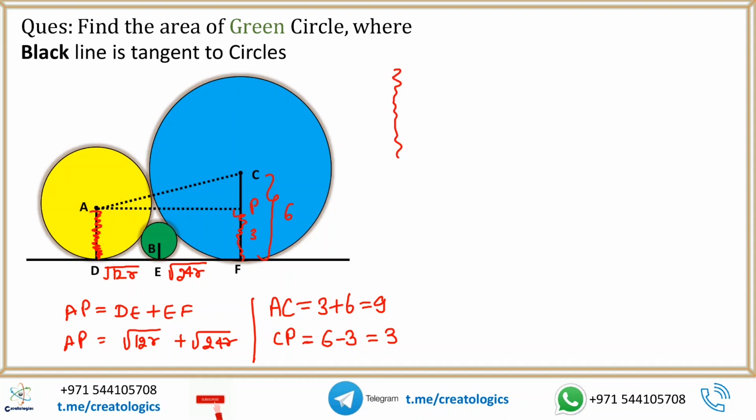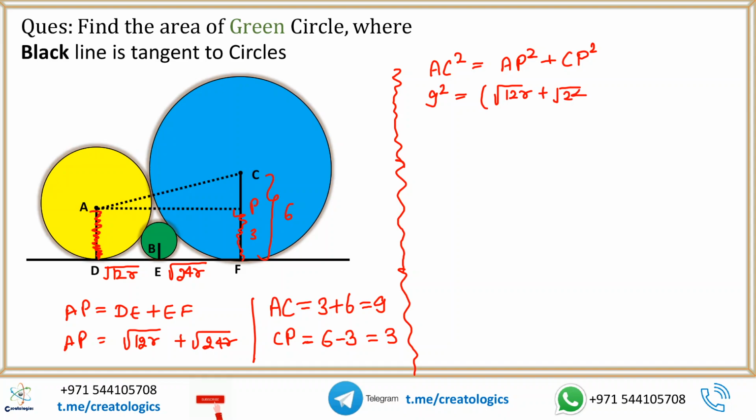Now at the end we got a relation. We can use the Pythagoras theorem here. We have AC squared is equal to AP squared plus CP squared. What is AC? That is 9 squared, equal to AP squared, which is the square of square root of 12r plus square root of 24r, plus CP squared. CP is 3 units, so its square will be here.